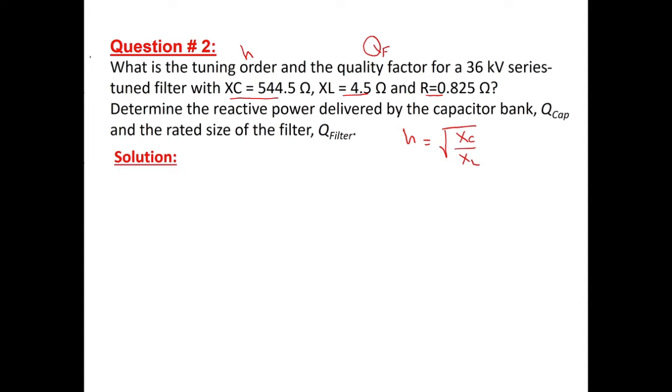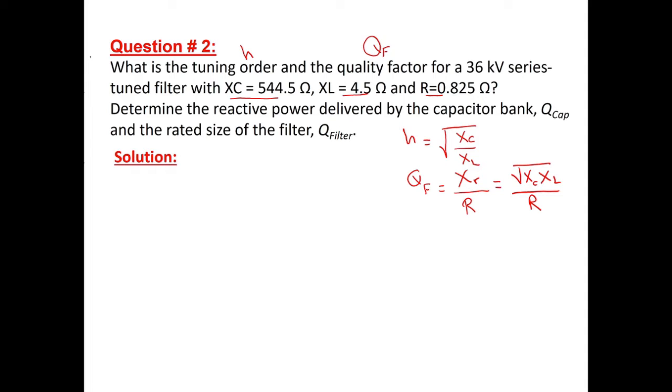Then the quality factor for the filter will be the characteristic impedance for the filter divided by R, and XR can be obtained from the square root of XC times XL, divided by R.